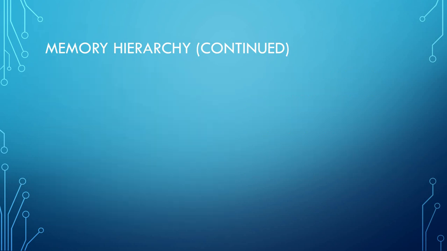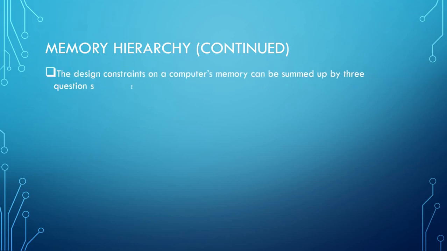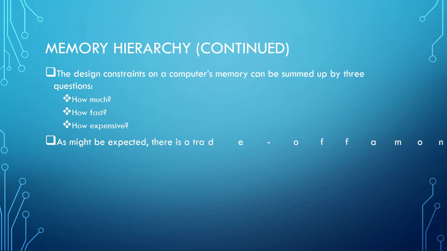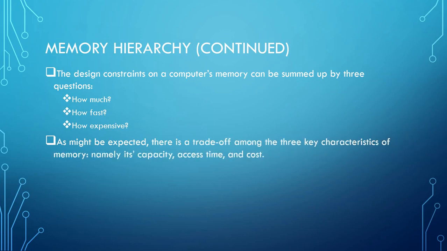Memory hierarchy, continued. The design constraints on a computer's memory can be summed up by 3 questions. How much? How fast? How expensive? As might be expected, there is a trade-off among the 3 key characteristics of memory, namely its capacity, access time, and cost.